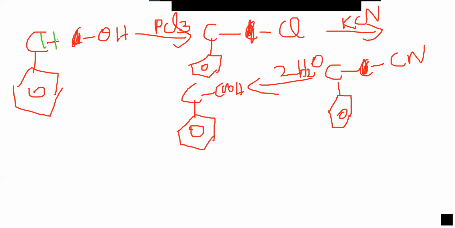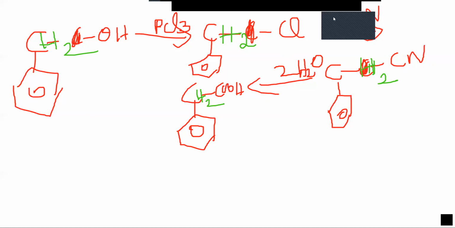So here CH2OH, here CH2Cl, then here CH2CN, here CH2COOH, 2-phenyl ethanoic acid. That's all. So this is the fifth conversion. Today we have discussed 5 conversions. In the next video we will see 5 more conversions.